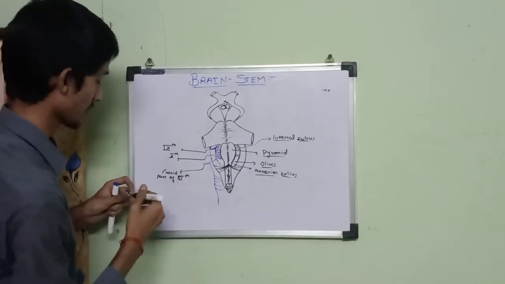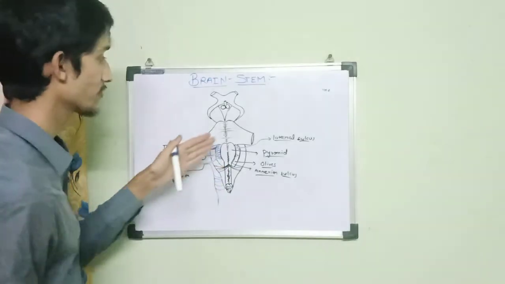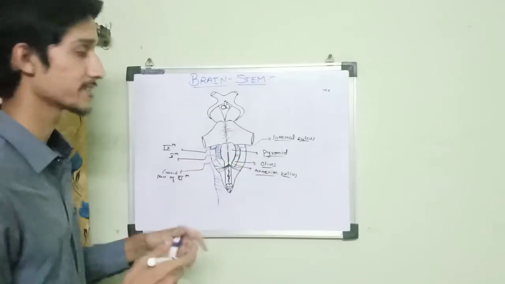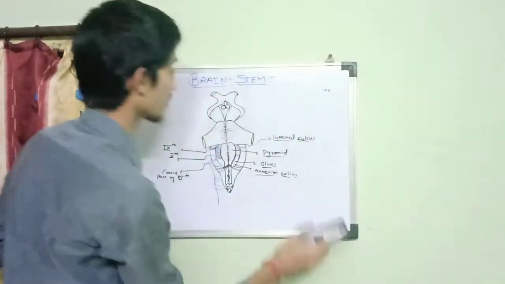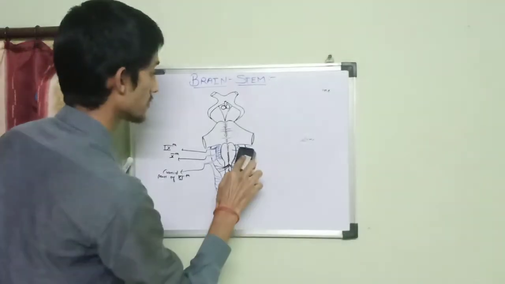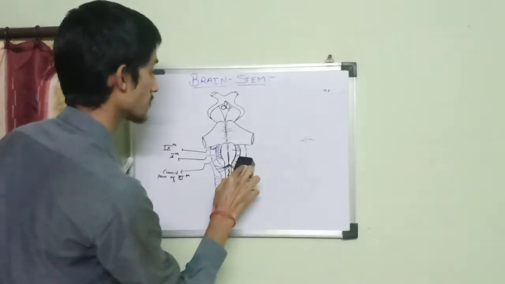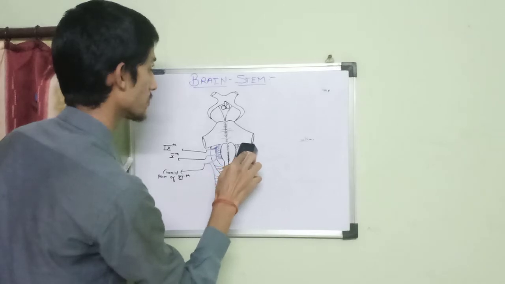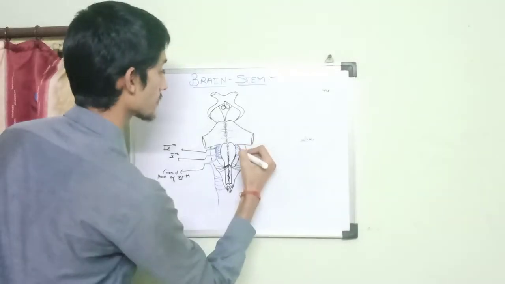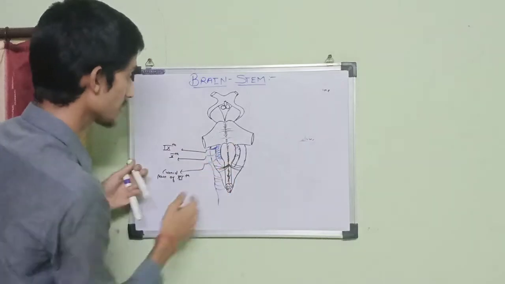But hypoglossal nerve generally did not arise from the lateral sulcus. It arises between the pyramids and olives. That is, it arises from the anterior sulcus. So this is our anterior sulcus.